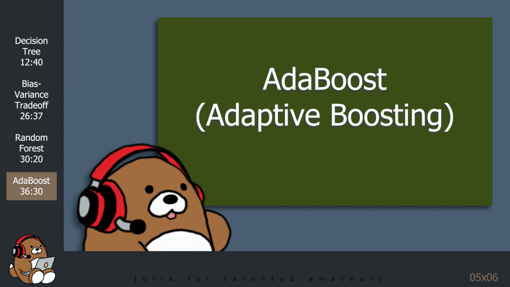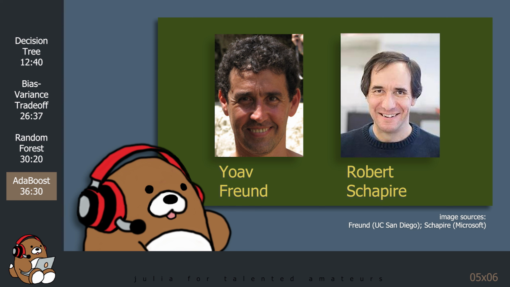An example of a boosting algorithm is AdaBoost, which is short for adaptive boosting. It was first introduced by Yoav Freund and Robert Schapire in 1997. AdaBoost may be used with various learning algorithms, but it seems to pair particularly well with decision trees.